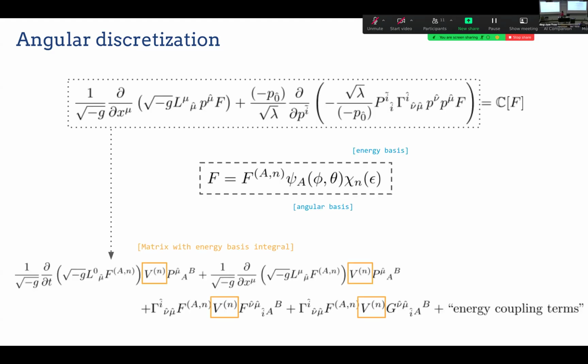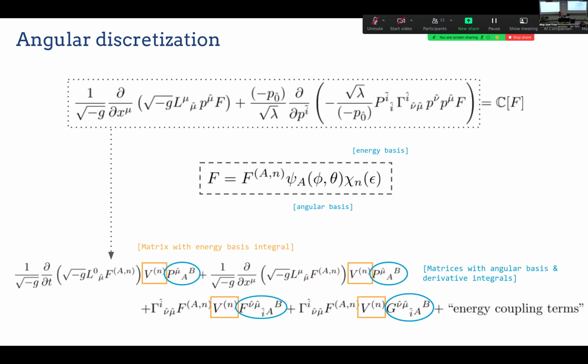And so at the end of the day, what you have in this formulation is just a set of advection equations. These yellow boxes are just matrices which are integrals of energy basis functions, and these are something you can pre-compute before you even start the simulation.